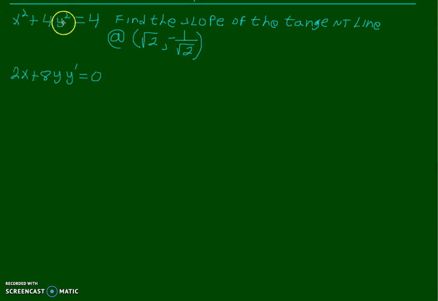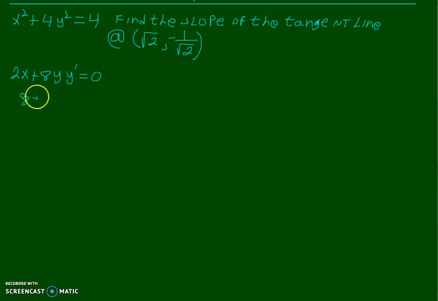Again, this variable matches the variable of differentiation, so we just differentiate as usual. Here we have the general power rule because we have an implicitly defined function of x here. So 2 times 4 is 8. Y, subtract 1 from the exponent, times the derivative of the inside piece, which is y prime. Derivative of a constant is 0. So now we want to solve this for y prime.